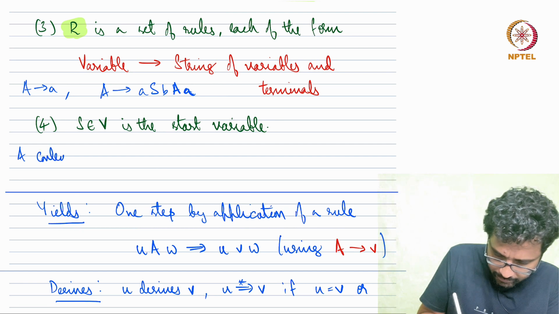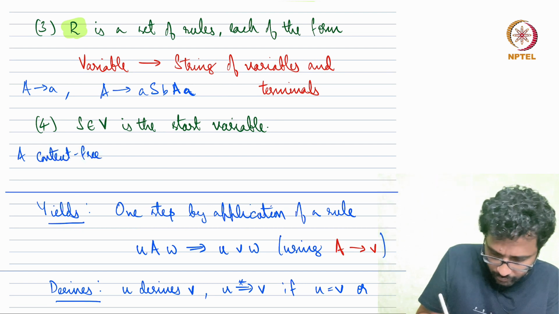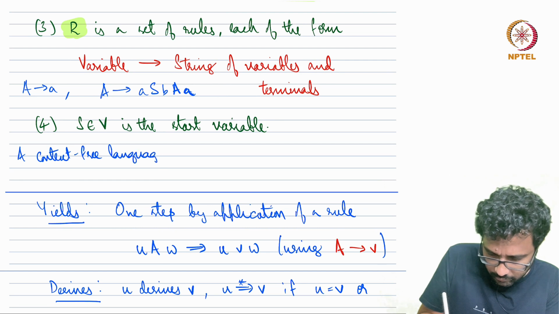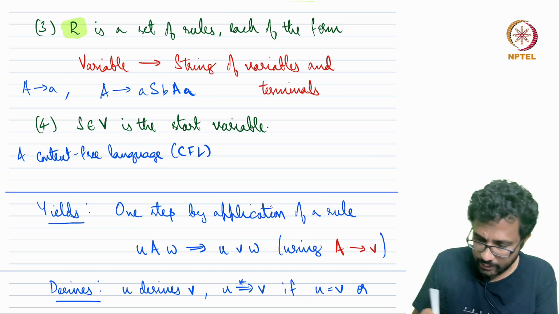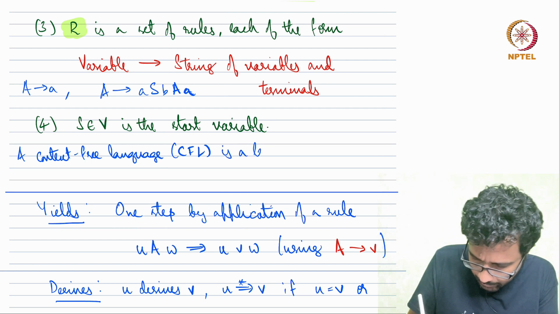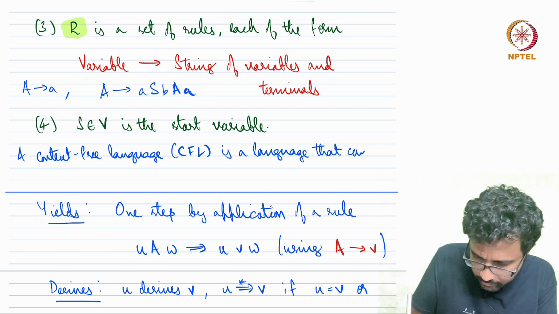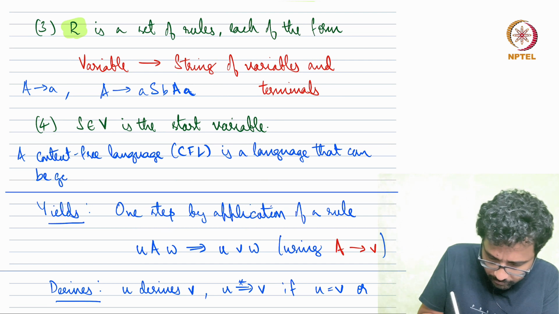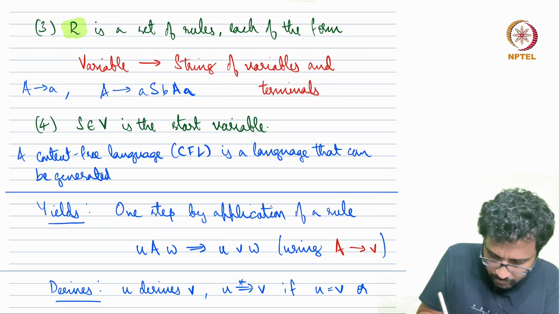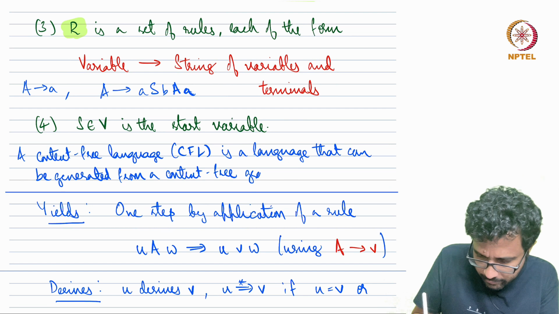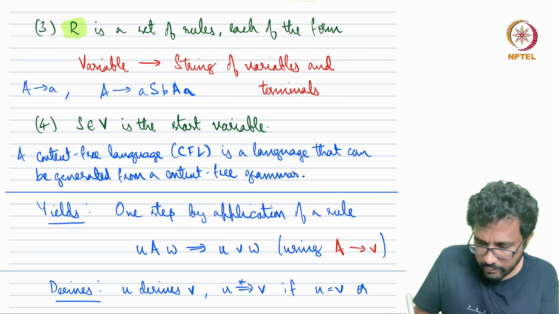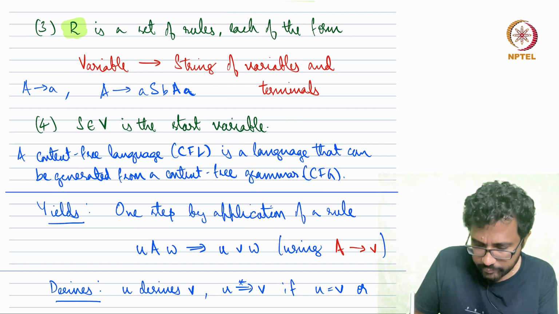We'll use CFL to denote a context-free language, which is a language that can be generated from a context-free grammar.